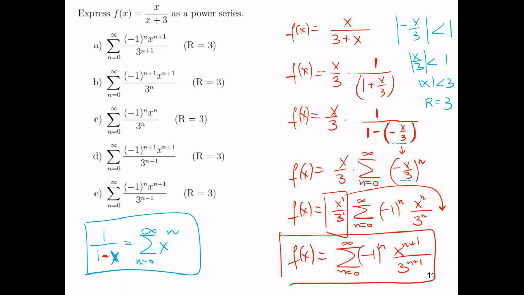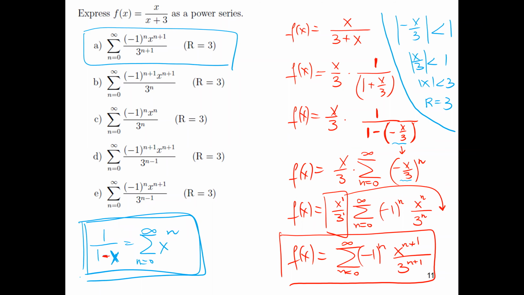Okay, that means which answer is correct? Don't make the mistake. I think it's A. Okay, that's the correct answer. And that will make sure that you know just the basic geometric expression.